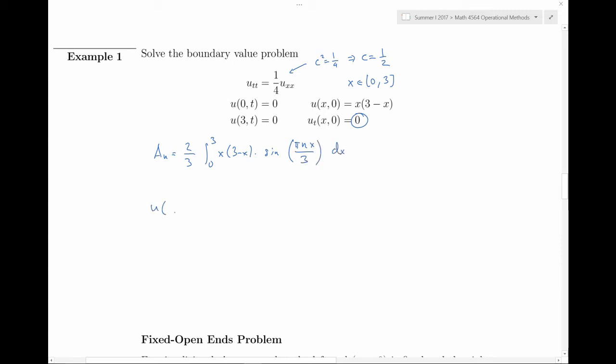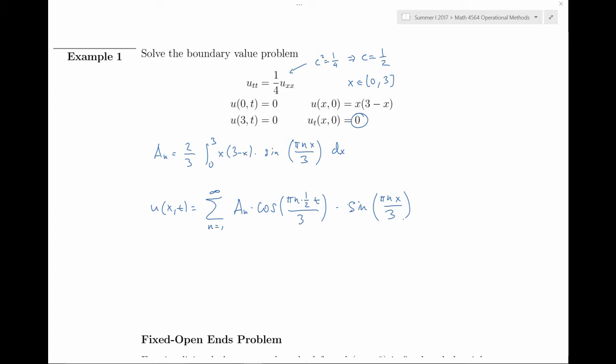And then u of x, t is going to be the summation as n goes from 1 to infinity of a_n times cosine of pi n times 1/2 t over L, which is 3, times sine of pi n x over 3.